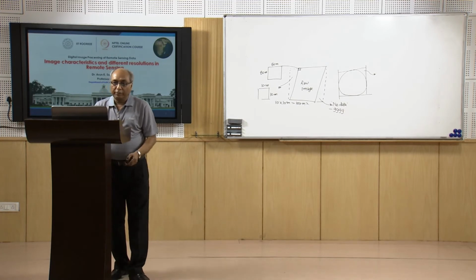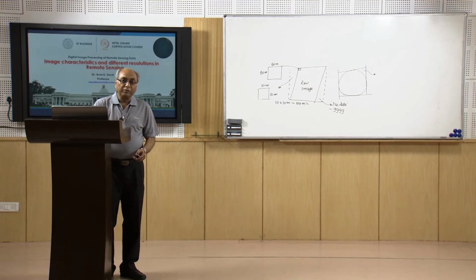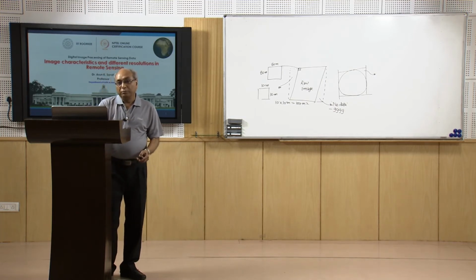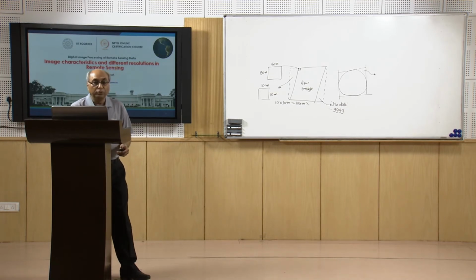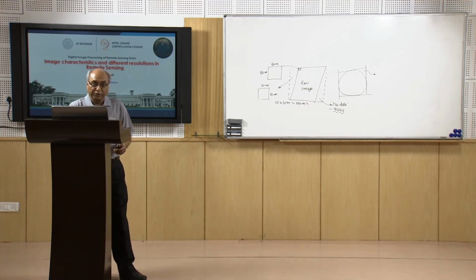So pixel is always associated with an image, where the pixel value will always be a positive integer value. This one has to remember: pixel value, digital number, brightness value, brightness temperature or gray level, any name you give, the value will always be a positive integer. These are the minute details one has to remember to better understand the different steps in digital image processing.